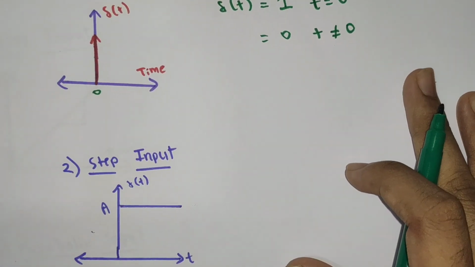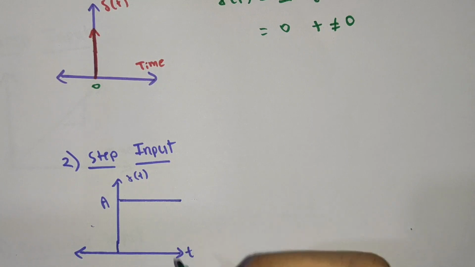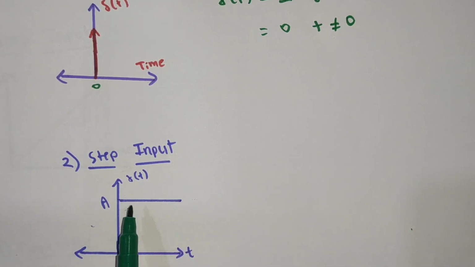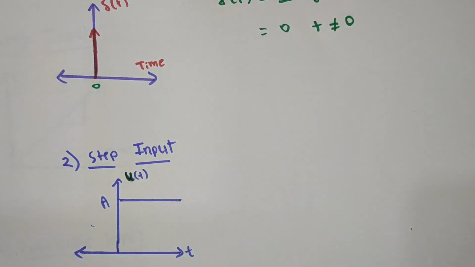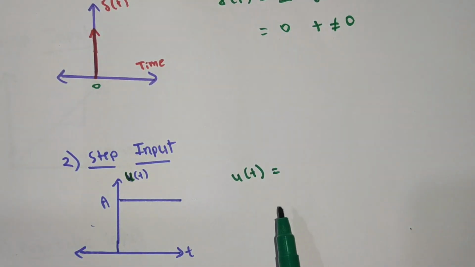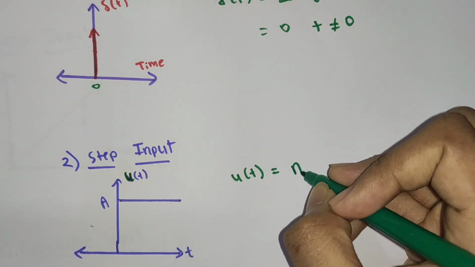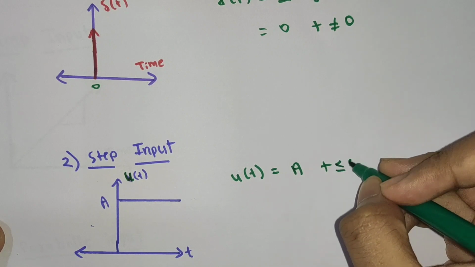Now let's see the step input. Now what happens in a step input? The step input is represented by u(t), and the condition for this is it will be equal to a when t is greater than or equal to 0.